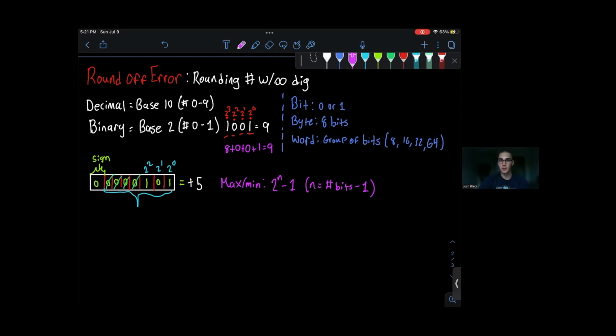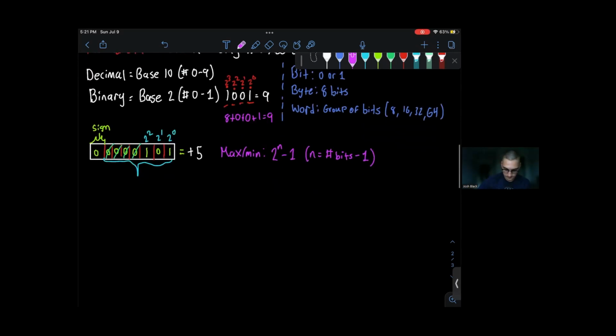Now, let's move into a little bit of floating points. These are the most accurate way to represent numbers because they make every single number a decimal, multiply it by the base, and raise it to a certain exponent.